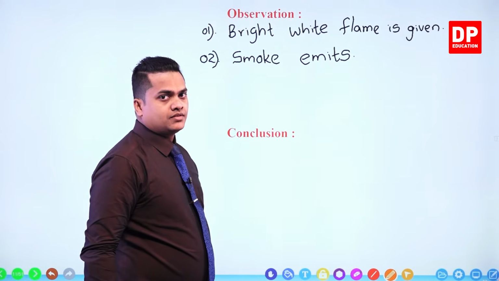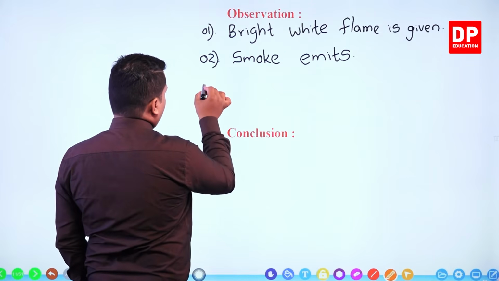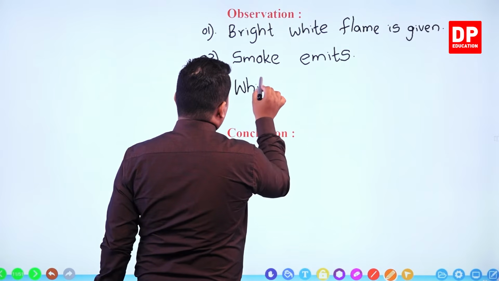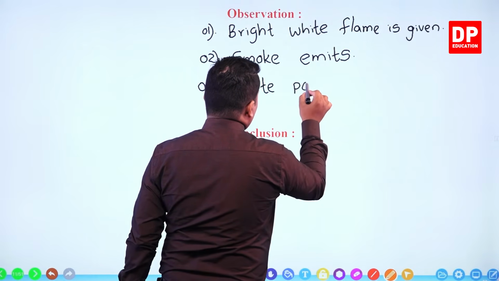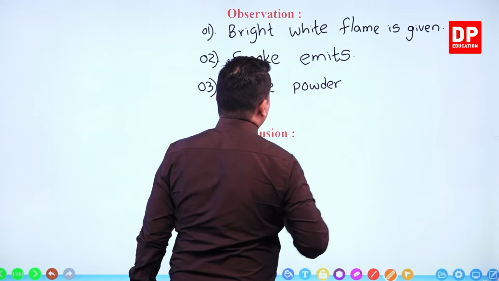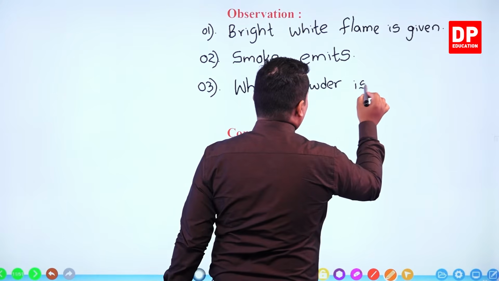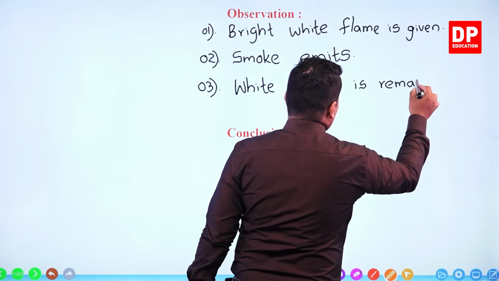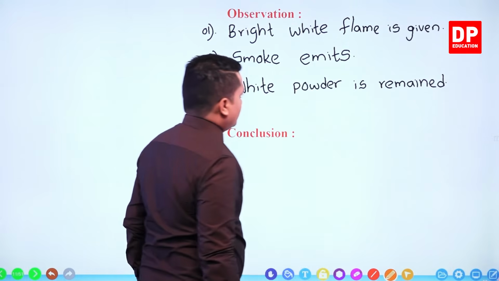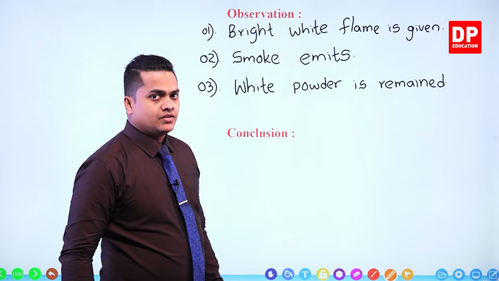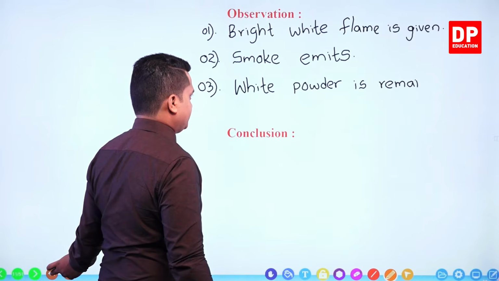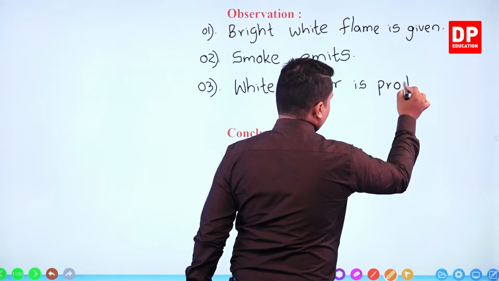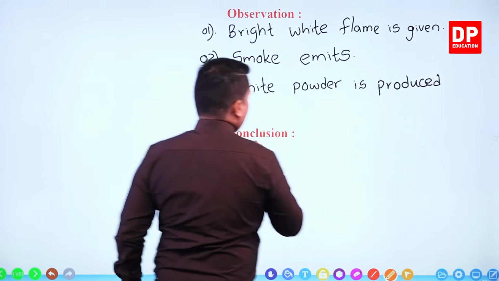Number 3, the third one: white powder is remained. White powder is produced as a residue.